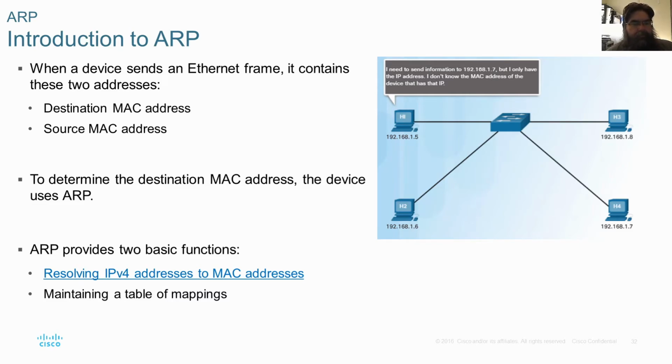So with ARP, Address Resolution Protocol, it sends out a request saying I need to get to this IP address. It's a broadcast, so every other device will see the frame and action it. It will then pass it up to layer 3.